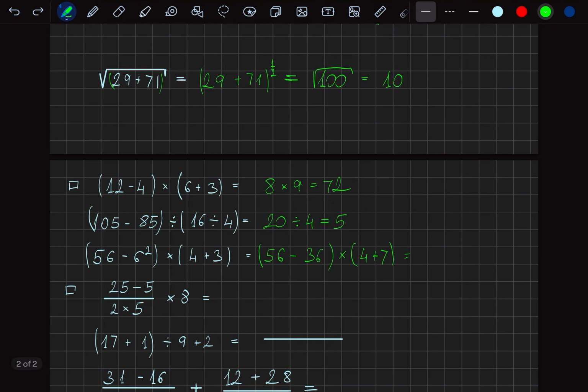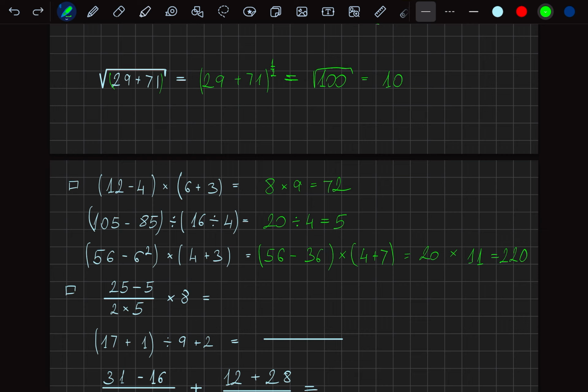It's 20, first bracket, times second bracket, 11. So it's 220. Because first I hide this 0. 20 times 11, 2 times 11, it's 22, and I just put the 0 here. Because I can write the 20 as 2 times 10, and just grouping the things.